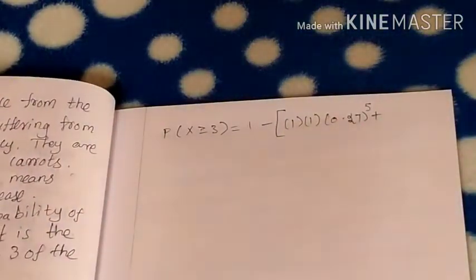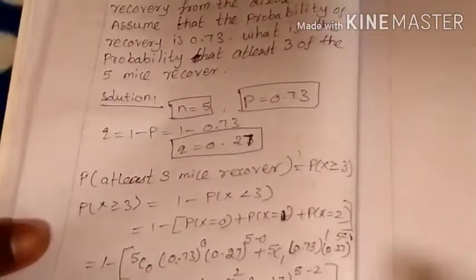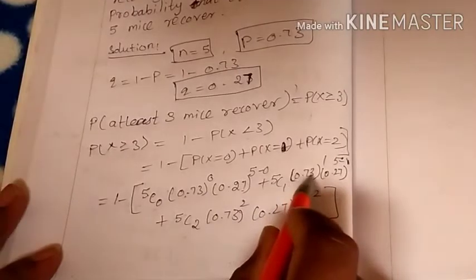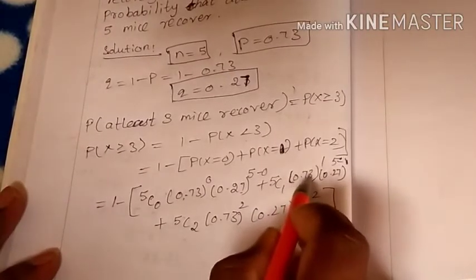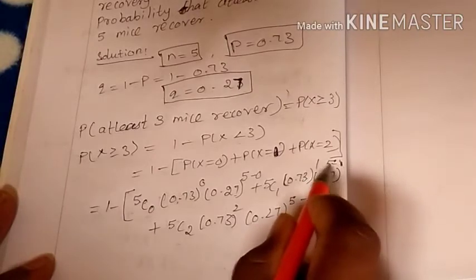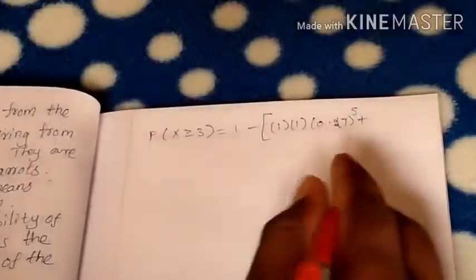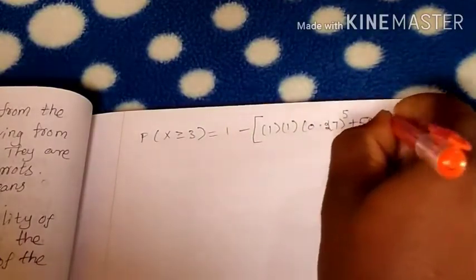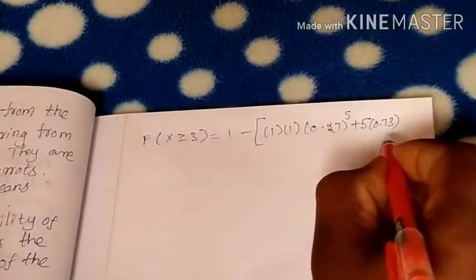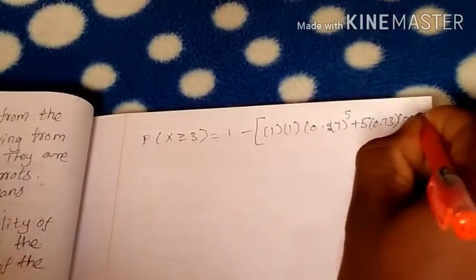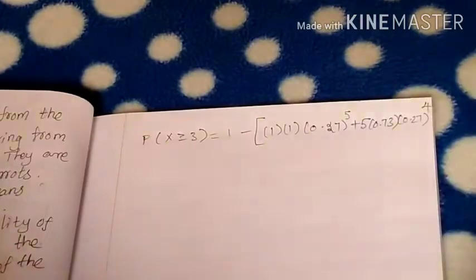Plus, then the second one, 5C1 means 5, then 0.73 power 1 means 0.73, then 0.27 power 5 minus 1 equal to 4.